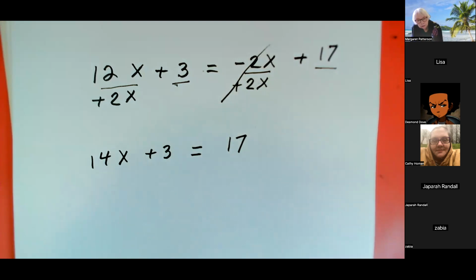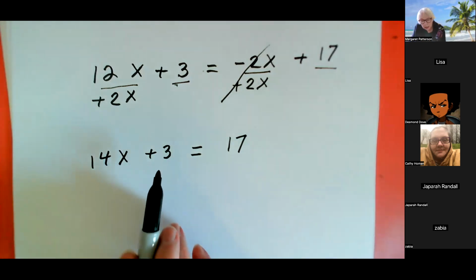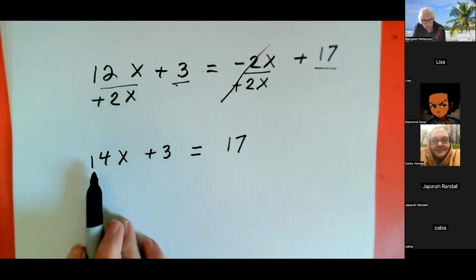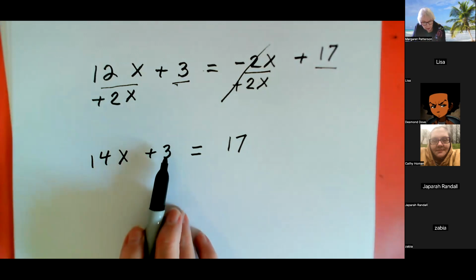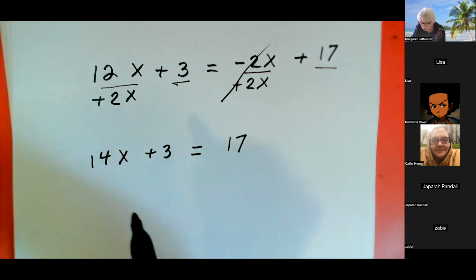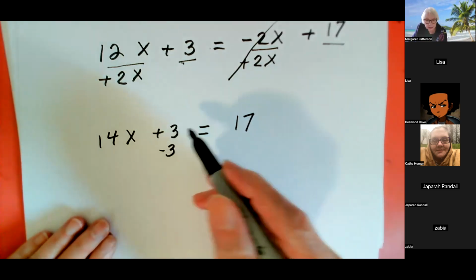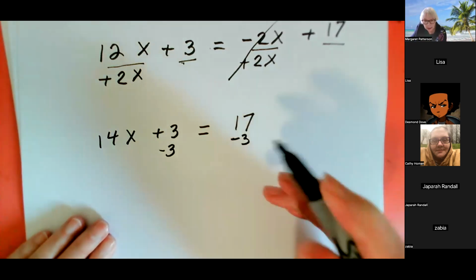Questions? So now it's a two-step. The 14 has to go with the x, and the 3 has to go. The 3 is first. I'm going to subtract 3 because that's add. I'm going to subtract 3 to match it.